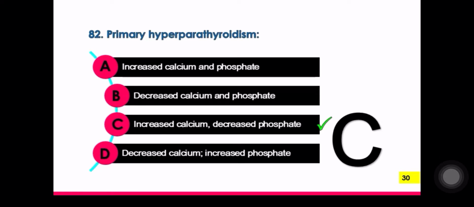That results in a decrease in calcium, which stimulates the secretion of parathyroid hormone. In secondary hyperparathyroidism, serum calcium is low, PTH is increased, and phosphorus is increased. Again, for secondary hyperparathyroidism, calcium is decreased and phosphate is increased.